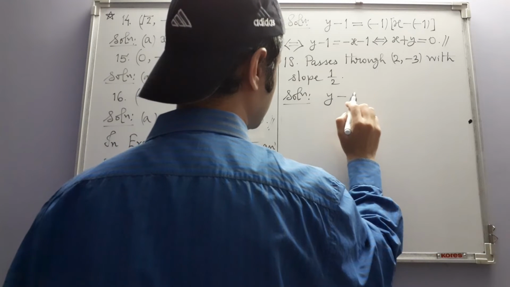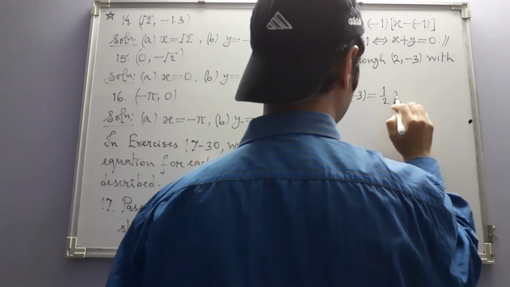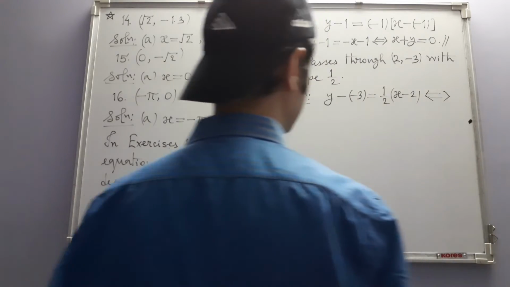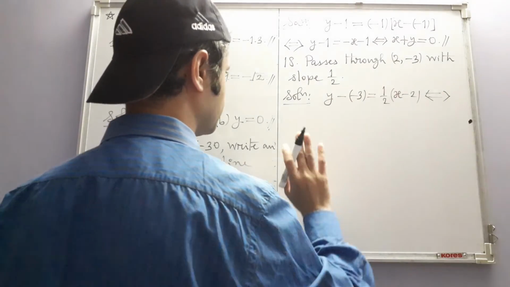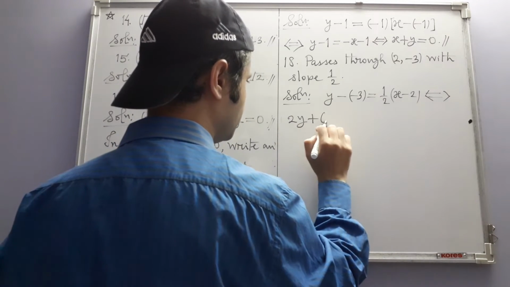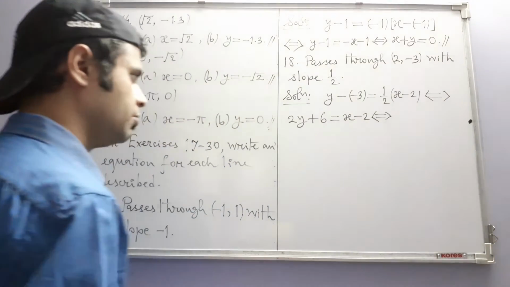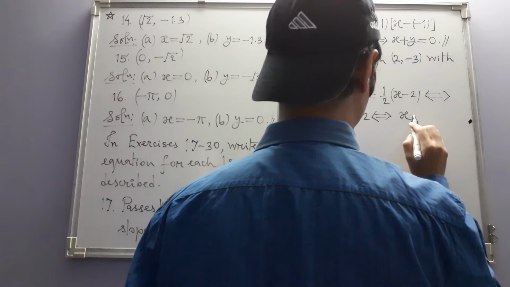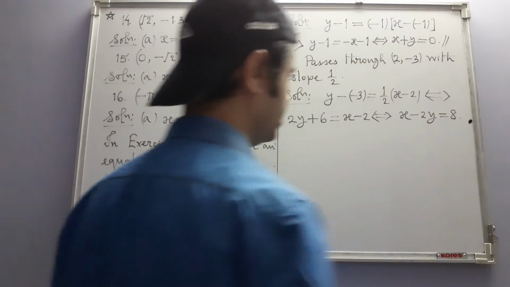Similarly, y minus -3 is equal to 1/2 times x minus 2, which is equivalent to, if we multiply on both sides by 2, and we also have y plus 3, then we will have 2y plus 6 equal to x minus 2, which is equivalent to, if you rearrange the things slightly, x minus 2y equal to 8.